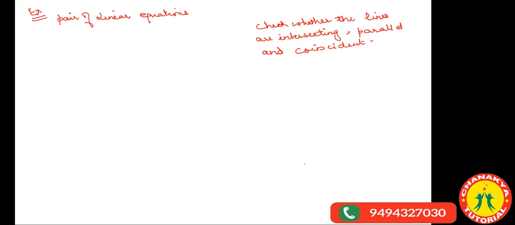Suppose the equations are x plus 2y is equal to 4 and 2x plus 4y minus 12 is equal to 0. Okay.